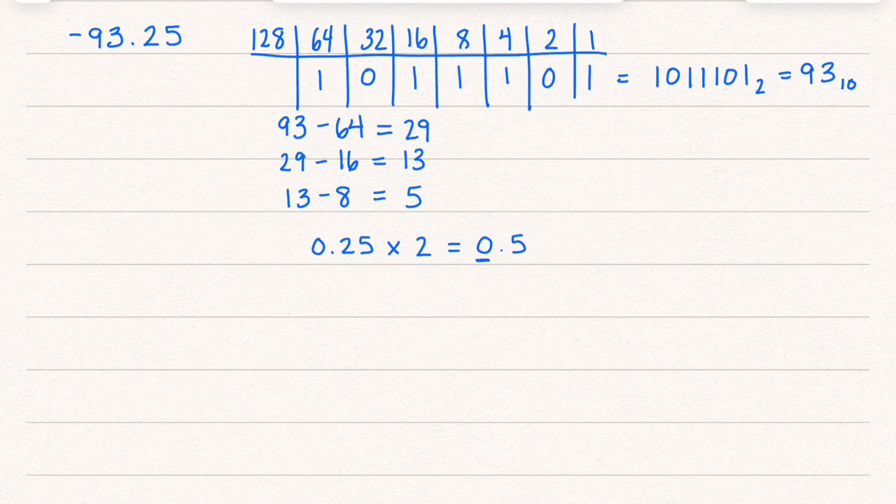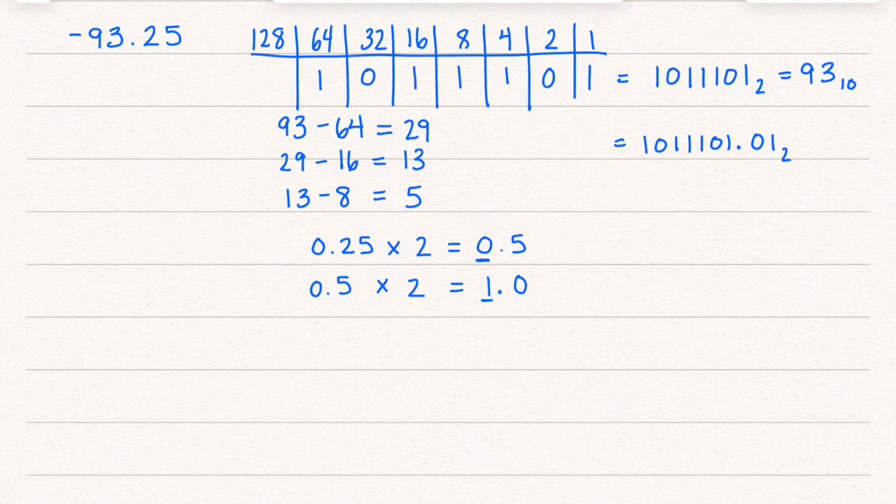So I've got my whole number here, and I know the first part of the decimal portion of that number is a 0. And I'm going to keep going with 0.5, and I get 1.0, so I'm going to record this 1. And then if I was to continue with 0, I would just end up with a bunch of zeros. So that means I can stop here. So 0.25 is going to be the same as 0.01.